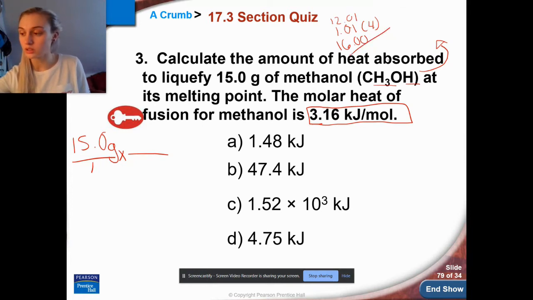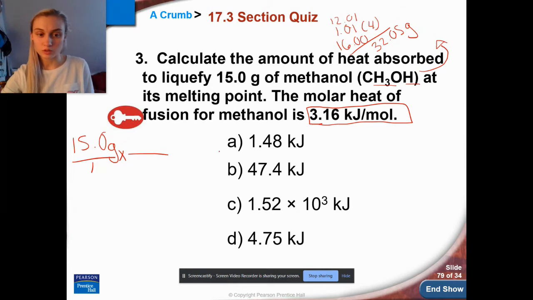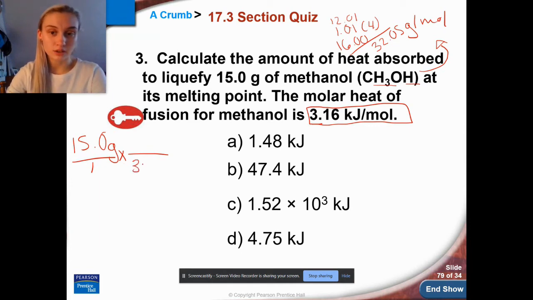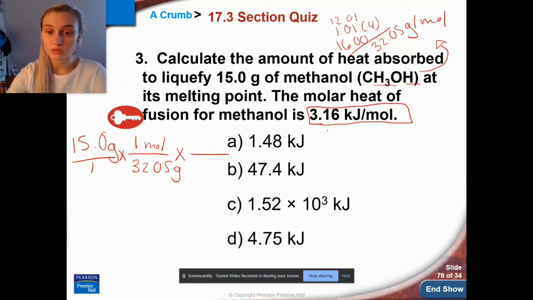And so if you add those all together, you get 32.05 grams per mole. If we use that molar mass, we put 32.05 grams on the bottom, because we have grams on top and bottom, and 1 mole on top. And now we can use this conversion factor.